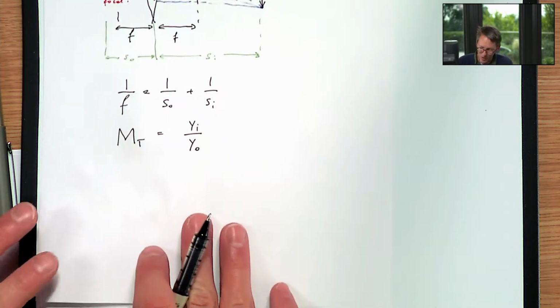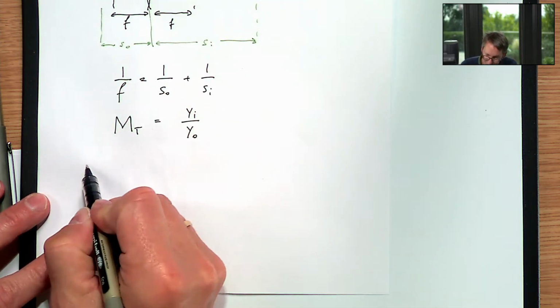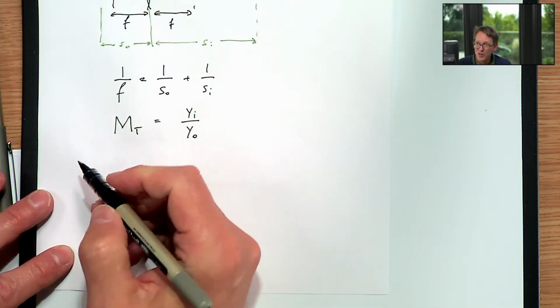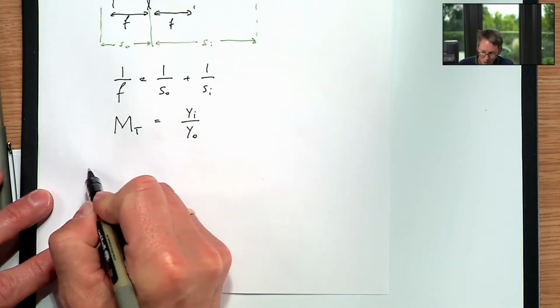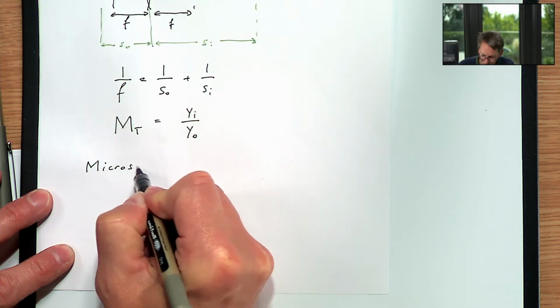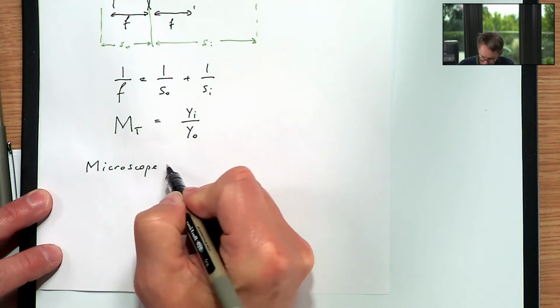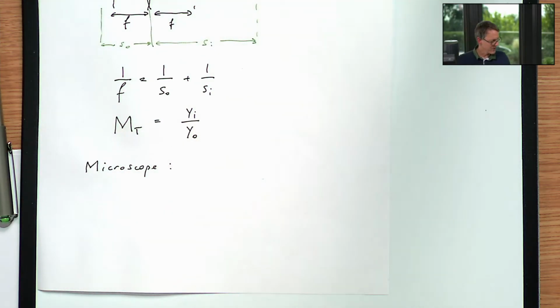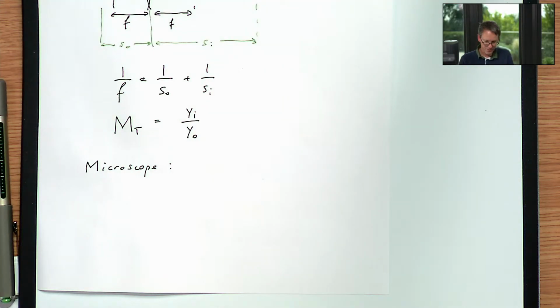But now let's go and discuss what a microscope is. You remember Newton's, Hooke's compound microscope. And you will be surprised what the model is that we use for this. It's very simple. So let's grab another sheet of paper.